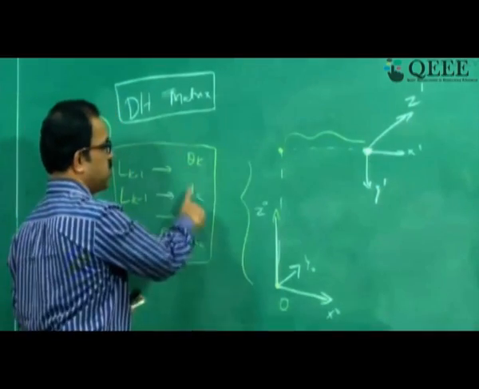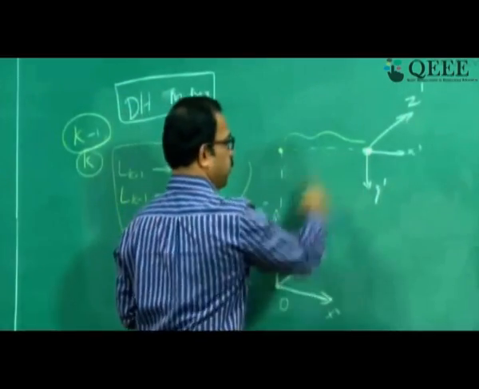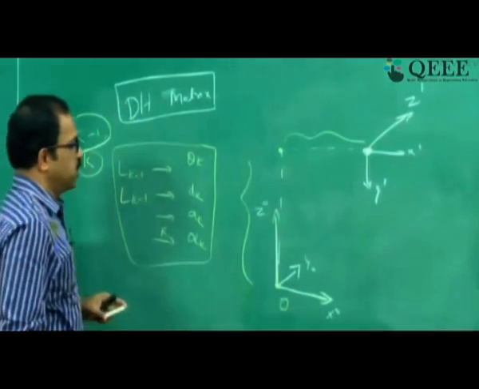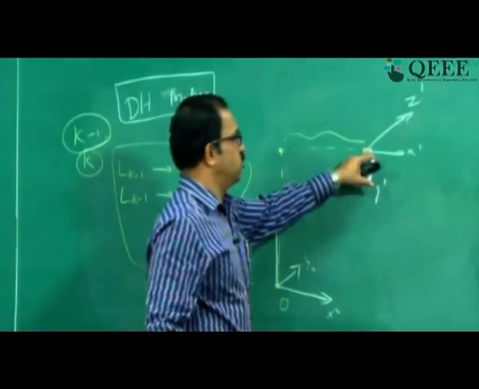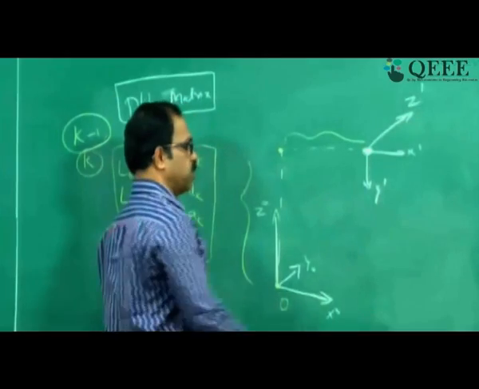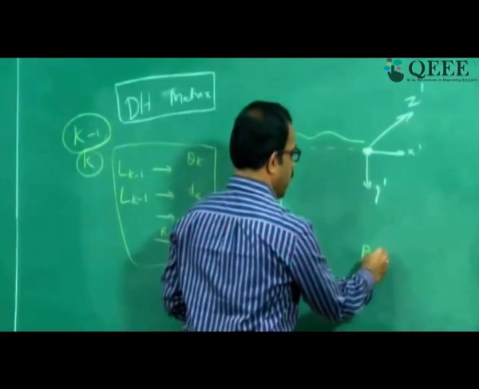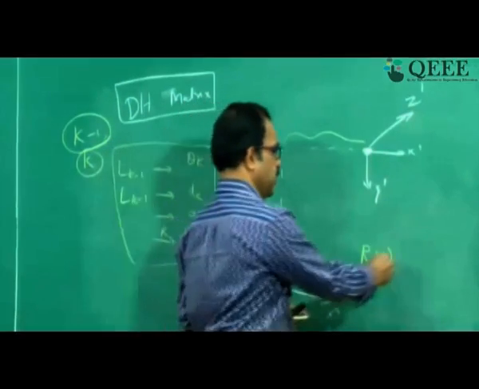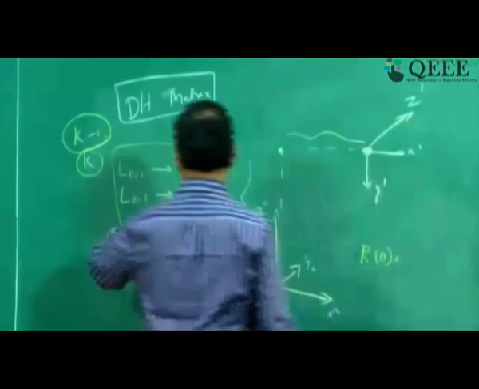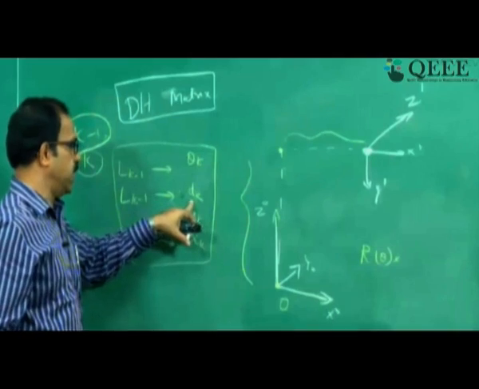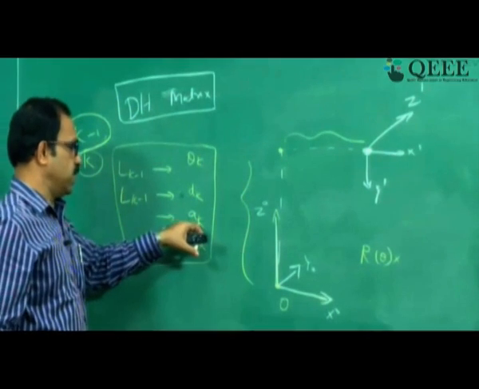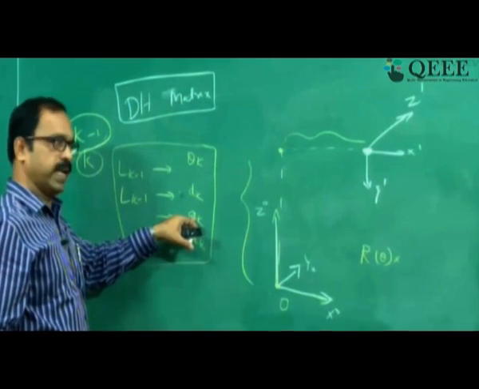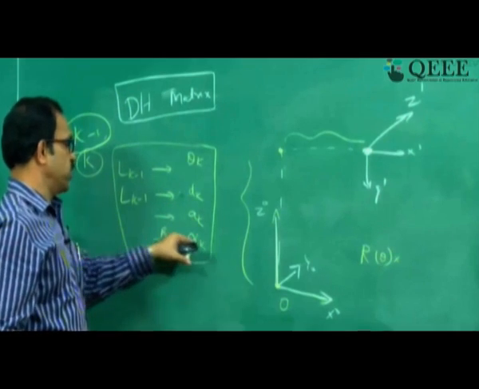So these 4 operations will make these two frames map, and therefore the coordinate transformation between this frame and this frame can be represented as a combination of R theta, that is a rotation matrix, and then a translation matrix dk, a translation matrix ak, and a rotation of alpha k.